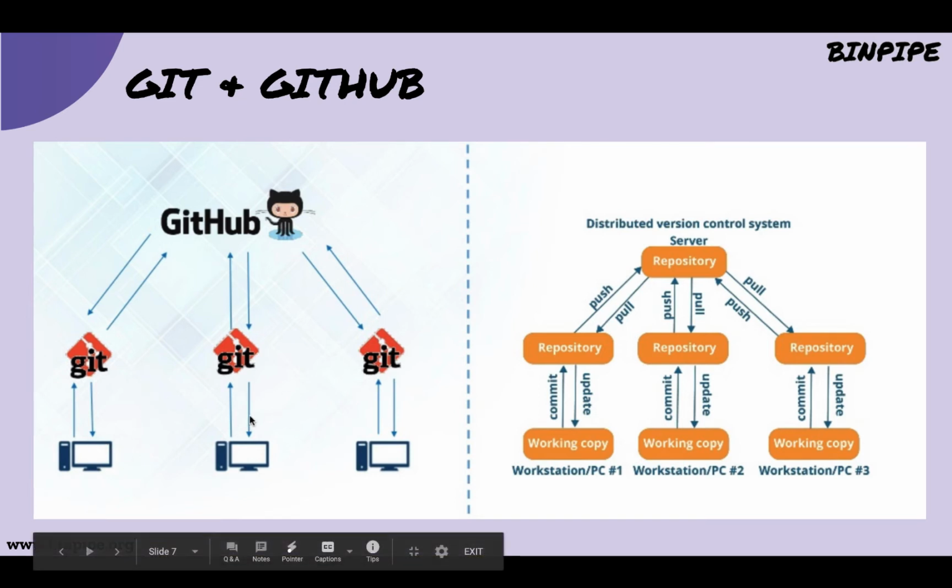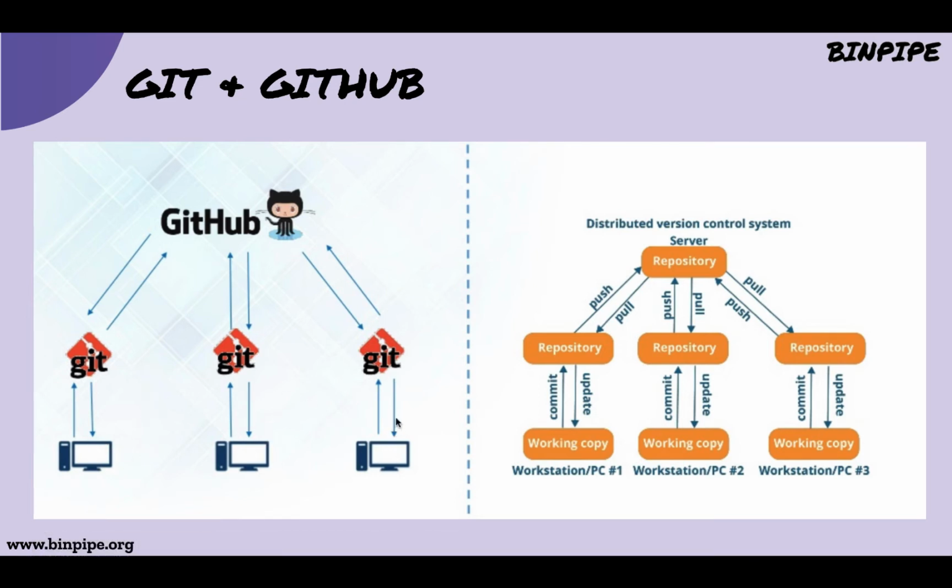These guys have their local repositories on their laptops, but when they sync to GitHub, the remote repository, all of them at some point merge their code and have the same code. So they push and pull from the remote repository once in a while and keep in sync.